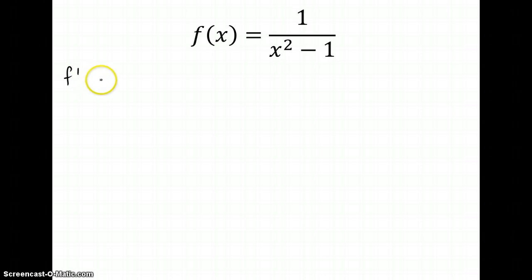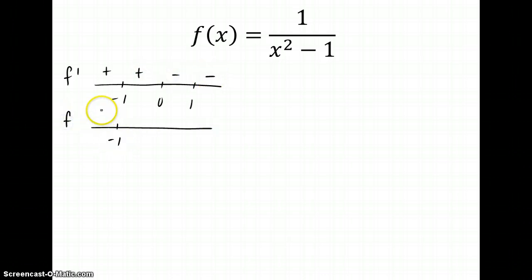Alright, we have the derivative here. We found the critical numbers to be -1, 0, and 1. Oops, not decreasing.